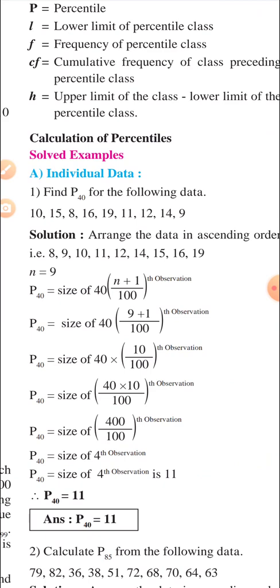Single type of information means no frequency or other information is given, only a single piece of information, such as marks of students, weight of students, height of students, number of accidents, production in a particular year, or percentage of poverty in a particular year.